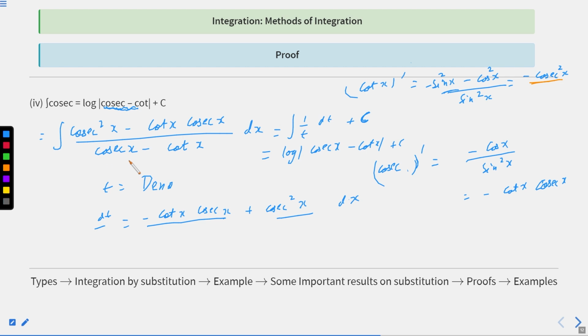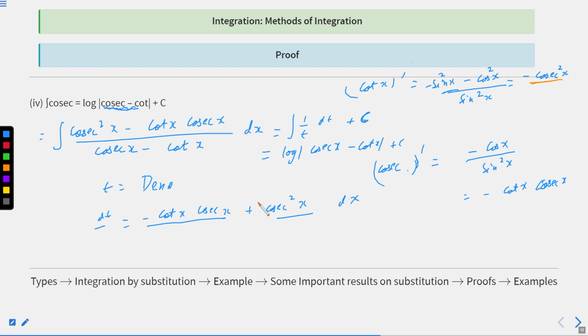Now taking this as your denominator, t equals the denominator. Differentiating, cosec derivative will be minus cot cosec.